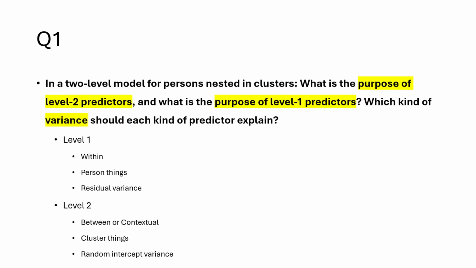So I just have pretty much the same things that you all said. So level 1 within, person things, always easier for me to remember. Residual variance, level 2 is going to be either between or contextual based off of the centering, and then their cluster things, and it's going to be explaining the random intercept variance.